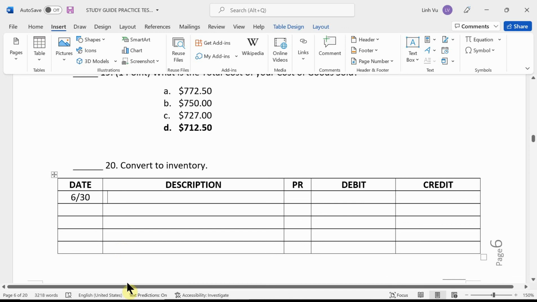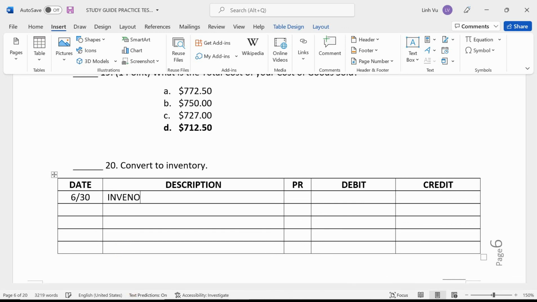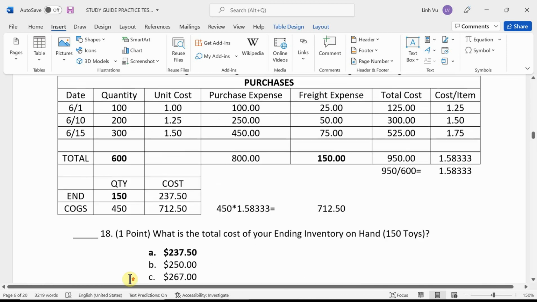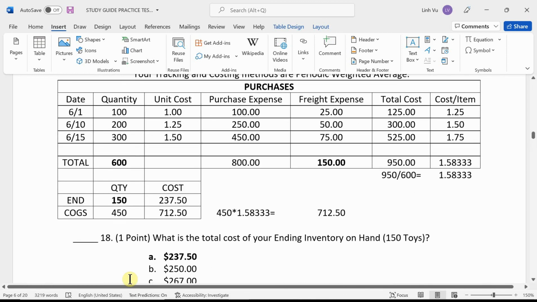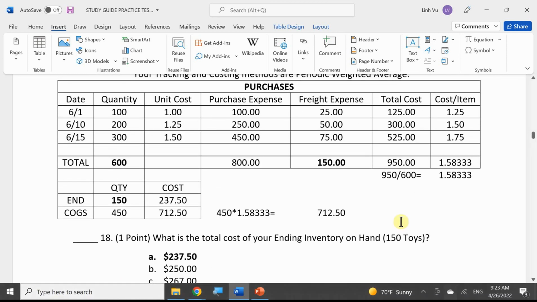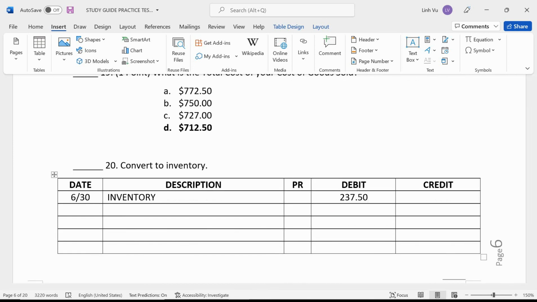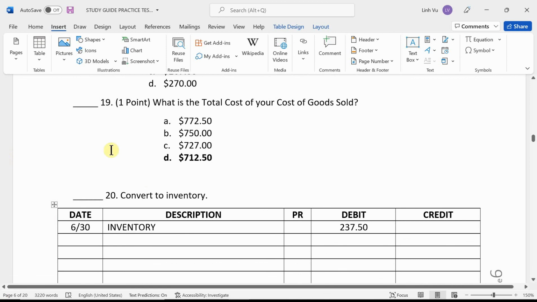Inventory. You're going to recognize inventory first. Good. Okay? For how much? 237.50. Right? That was your ending balance in inventory. What about the next one?